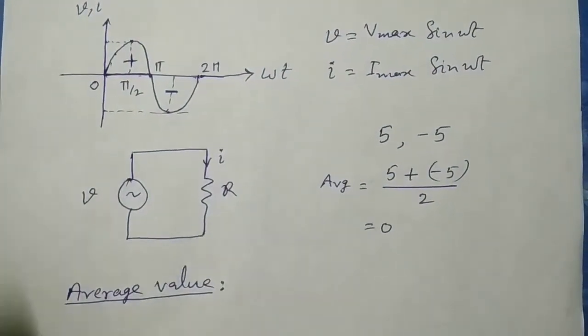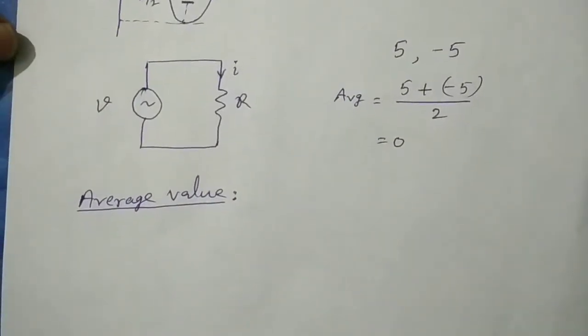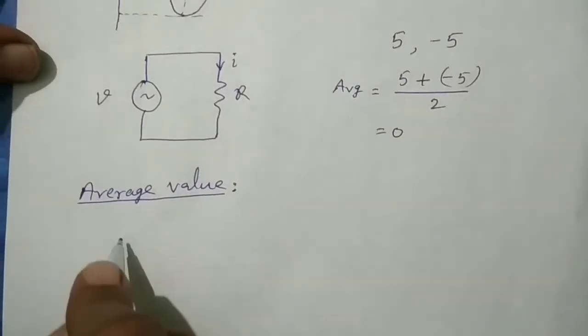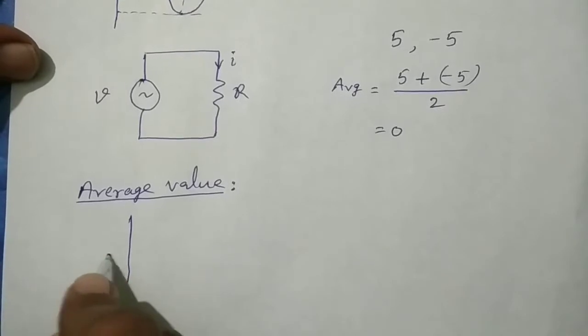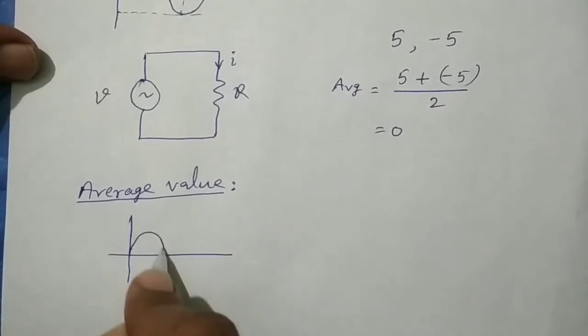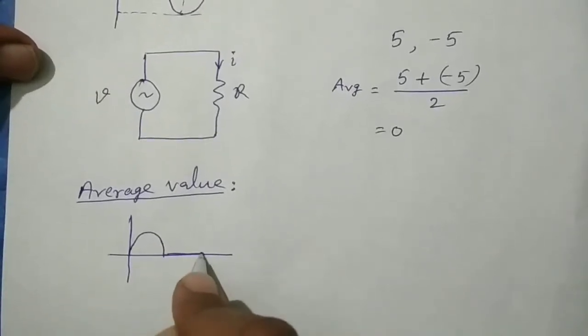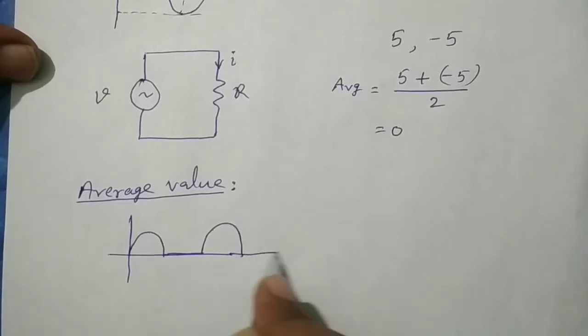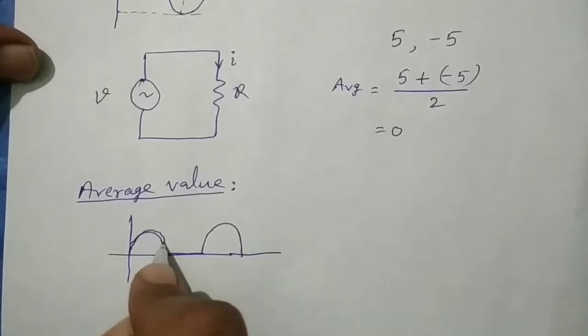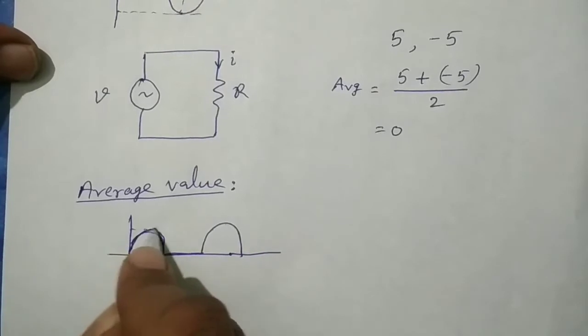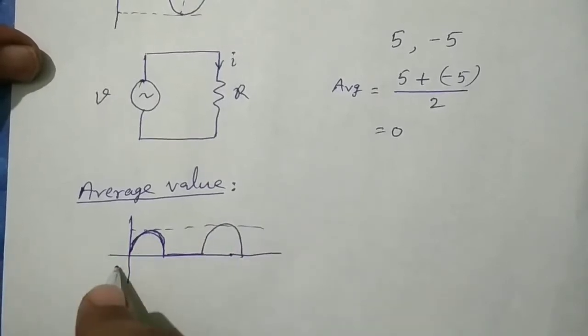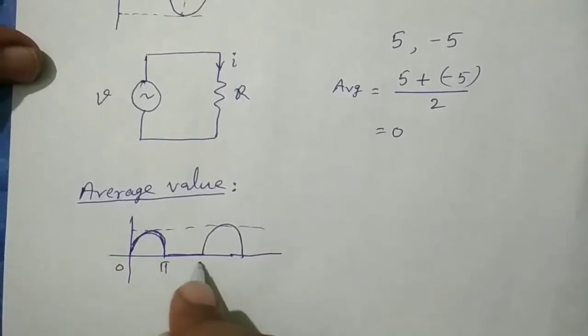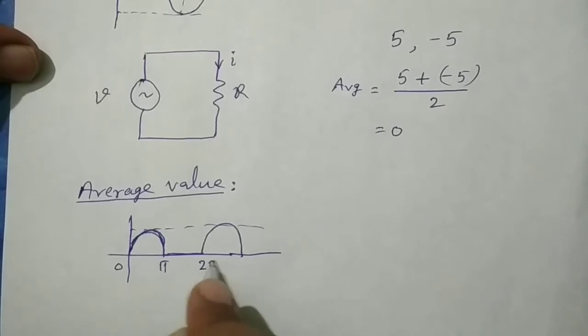But there is another type of waveform, the unsymmetrical waveform. For example, the half wave rectifier circuit. A sinusoidal waveform can be rectified to a half wave. In this case, again one complete cycle is from 0 to 2 pi.